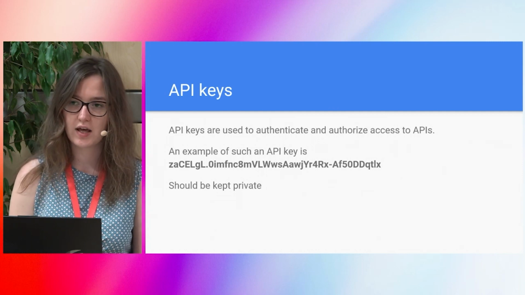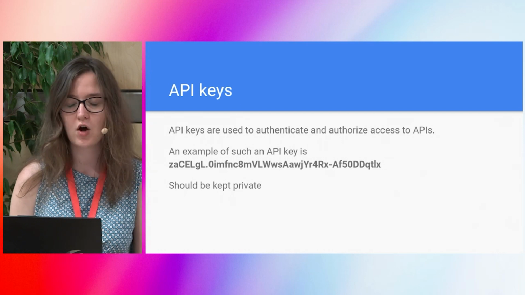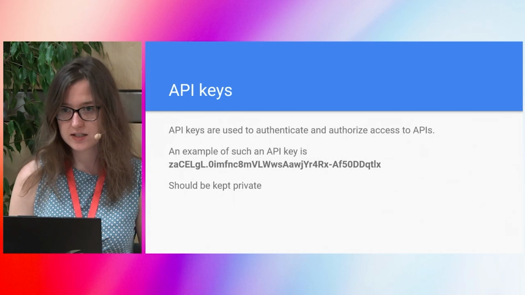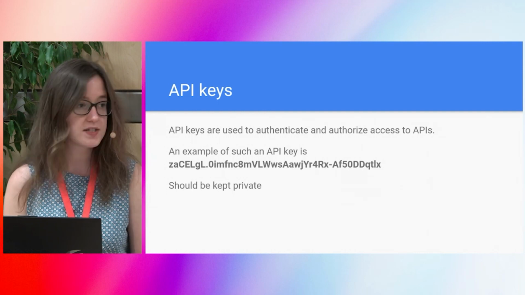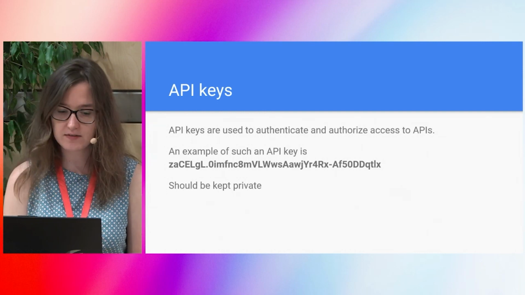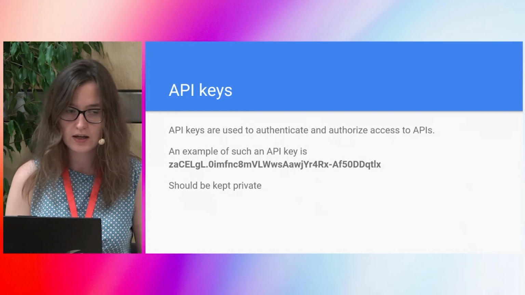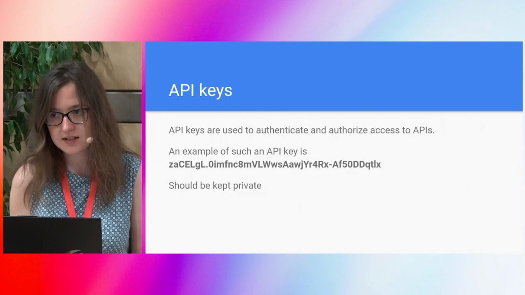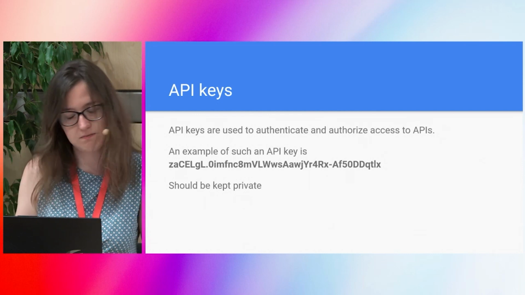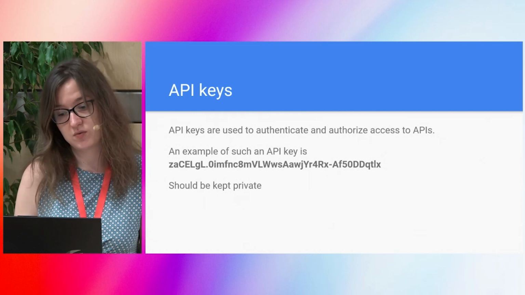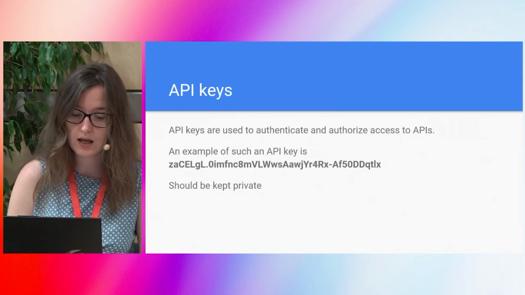For example, if you have a paid subscription for something, they know how many requests you did and whether these requests should be limited, and so on. And of course, if you have an API key, you should keep it private because it authenticates only you. Even if it is paid, if someone knows your API key, they may use whatever you are paying for, which is not very good, of course.